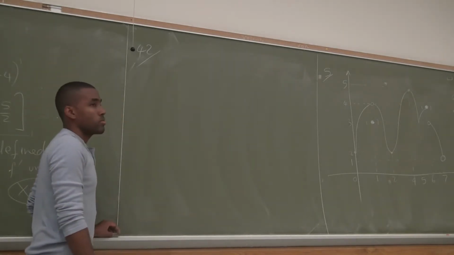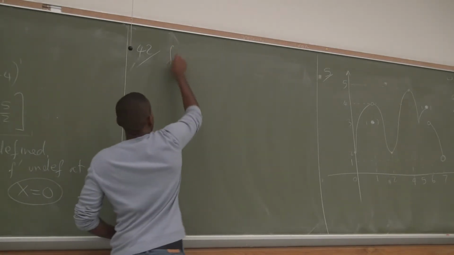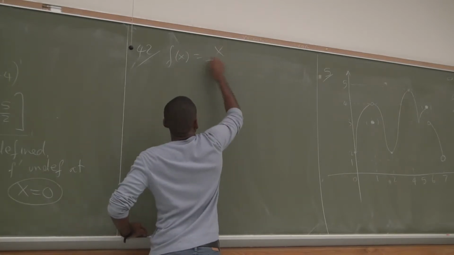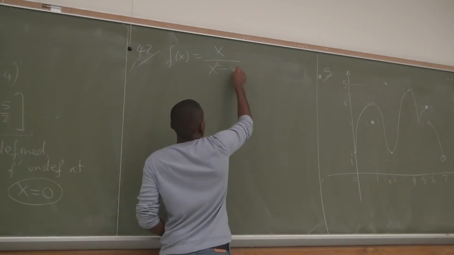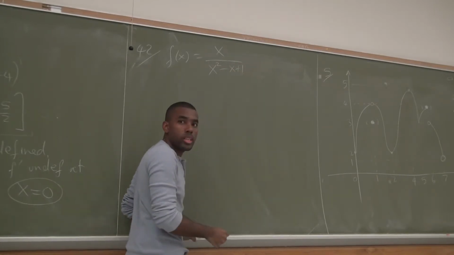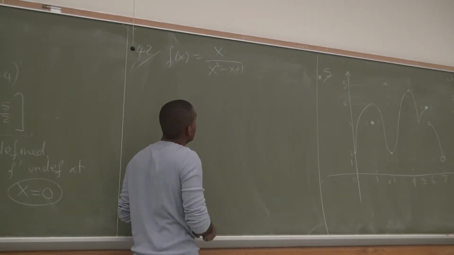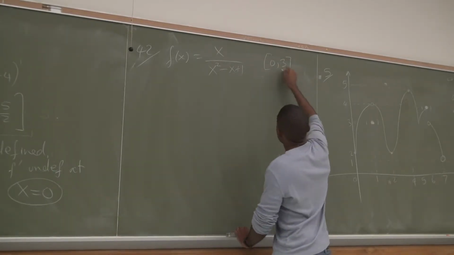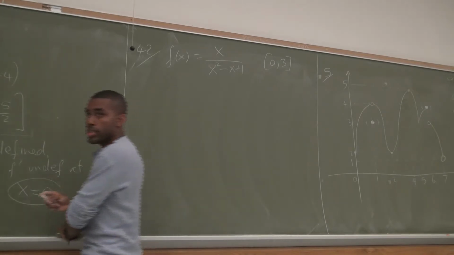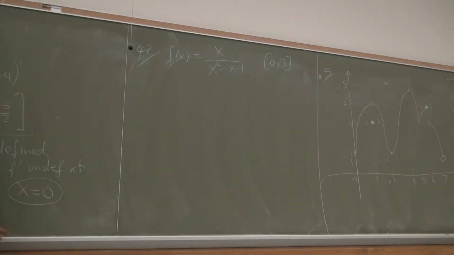X over x squared minus x plus 1. The interval is 0 to 3. Absolute maximum.